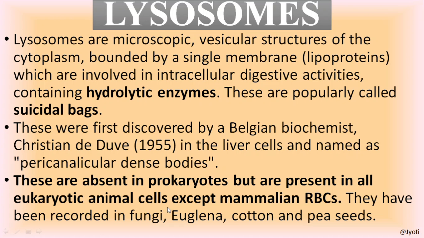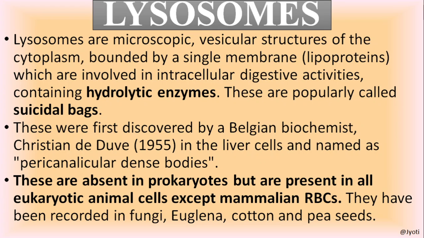The next endomembrane organelle is the lysosome. The lysosomes are microscopic vesicular structures, usually present near the Golgi complex, and they are also surrounded by a single membrane made up of lipoprotein.